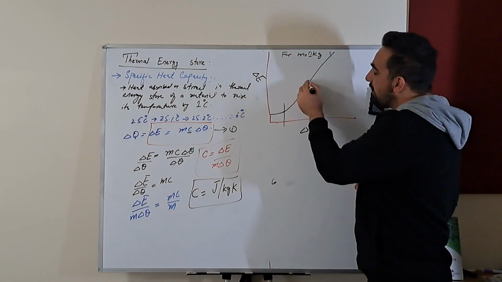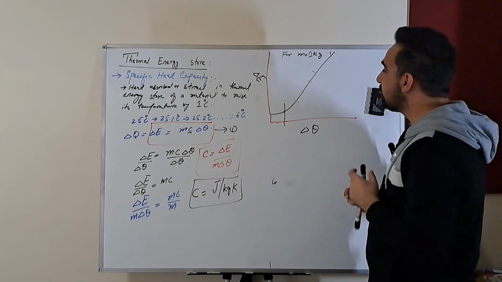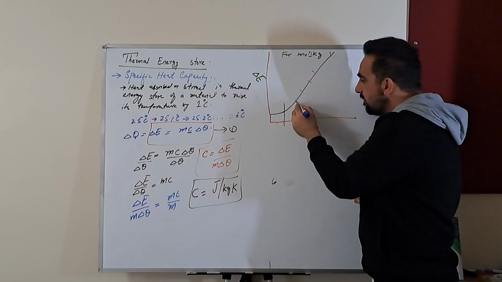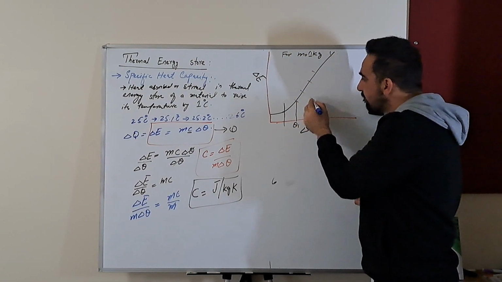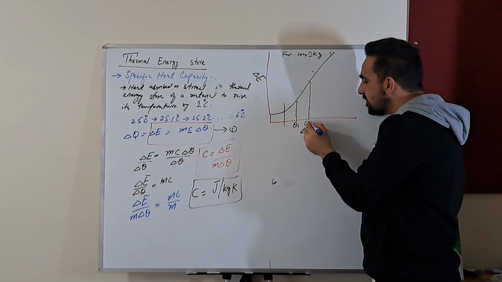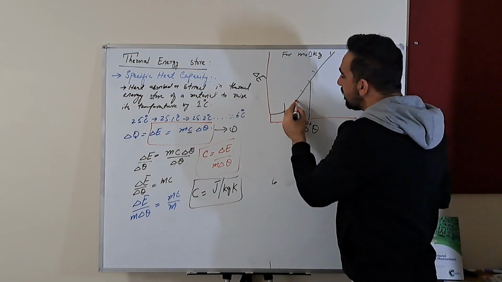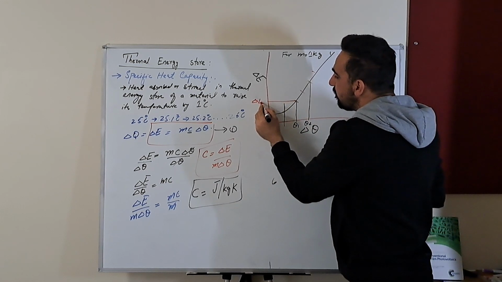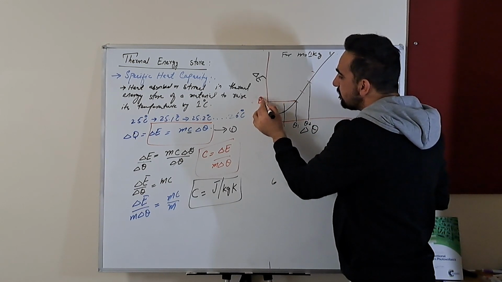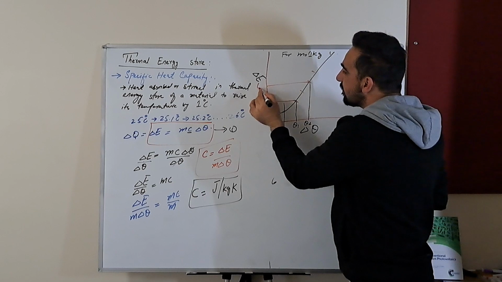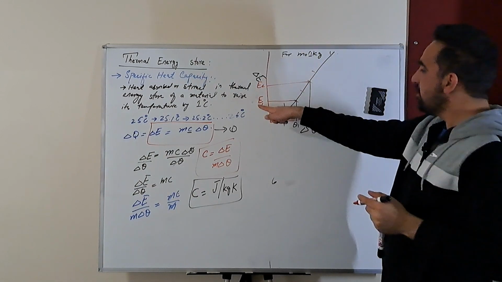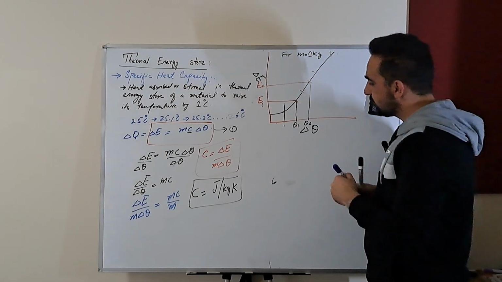And now if you find the gradient of this plot, let's say this is theta 1 and this is our theta 2. With respect to theta 1 and theta 2, what we got here is E1 and E2. So the change is E2 minus E1.